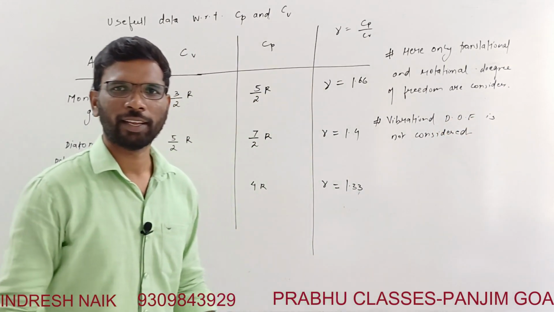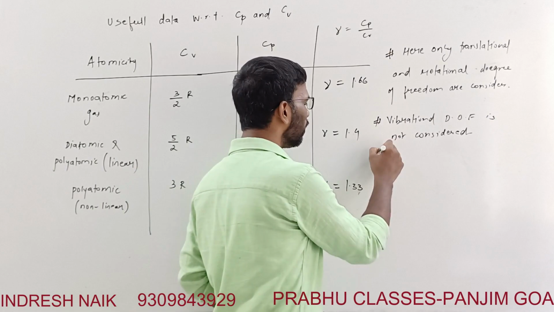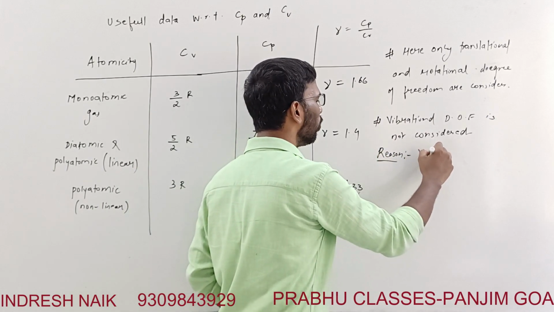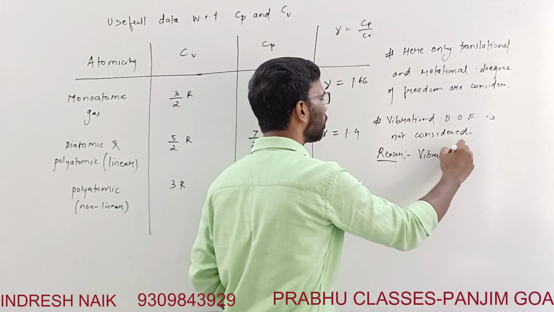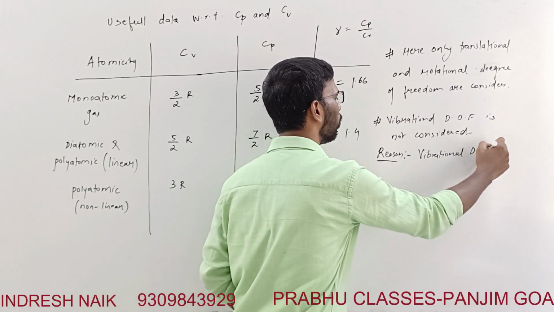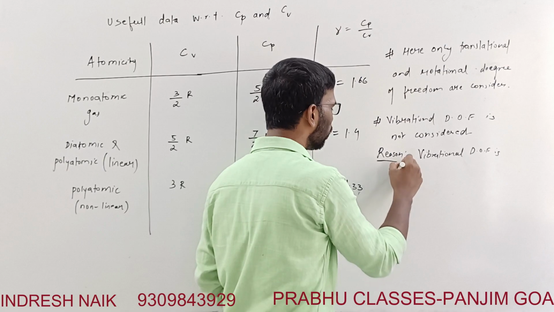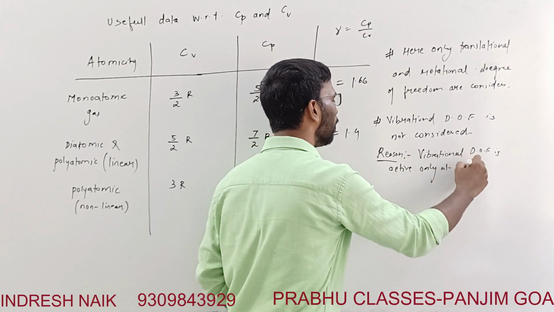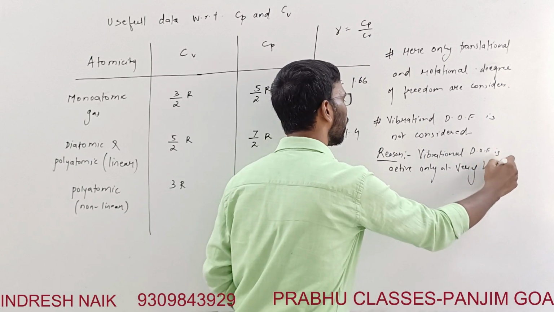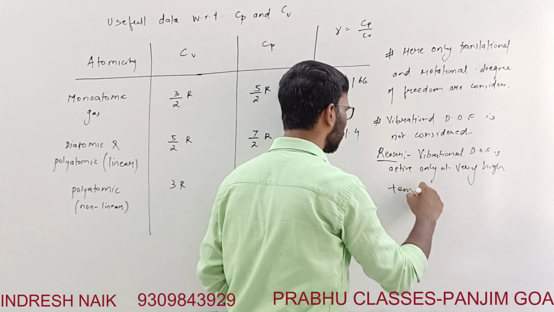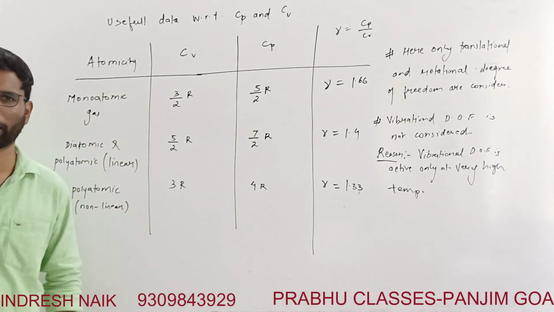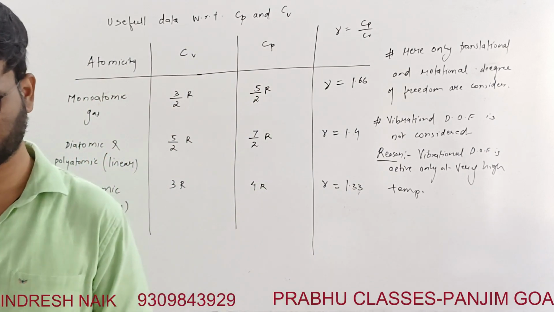The reason is that vibrational degree of freedom is active only at very high temperature. So these are all the important information with respect to Cp and Cv.